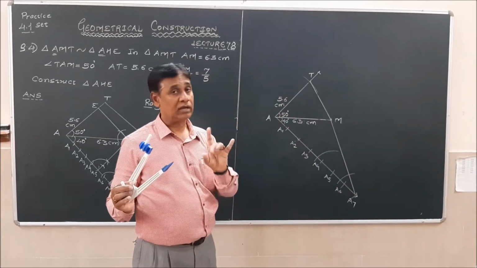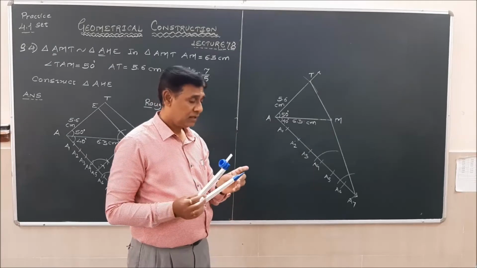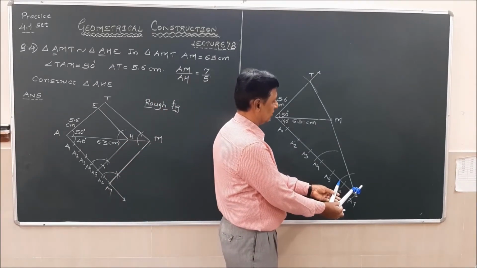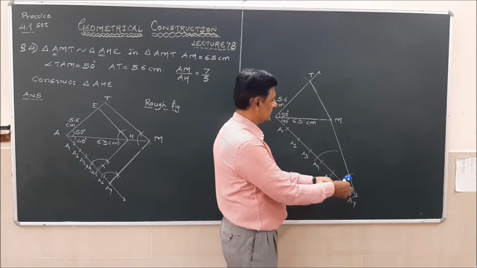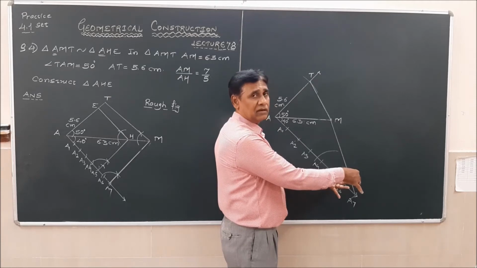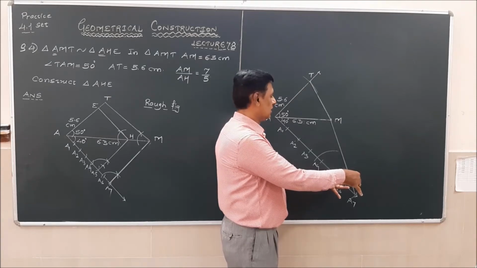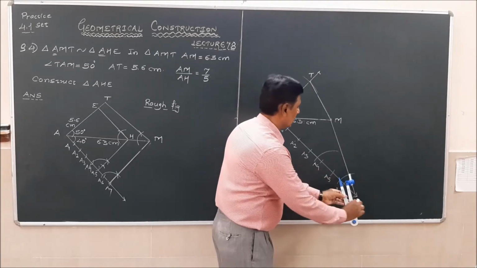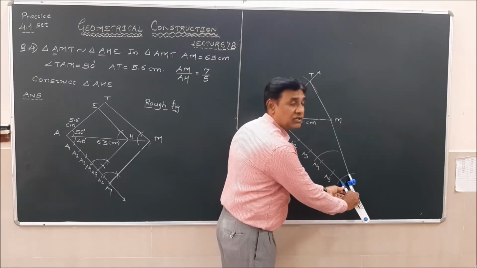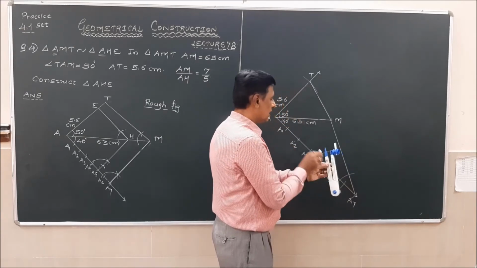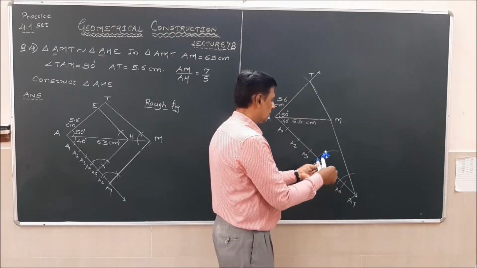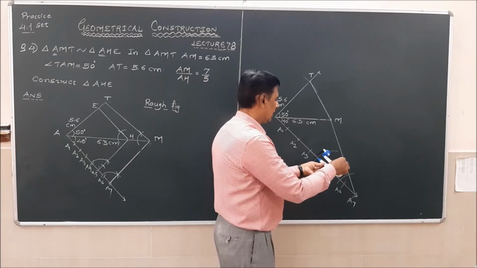Okay, now please see the next step. This metal point I place over here and measure this distance, the distance between these two. Correct? With this metal point here now, draw an intersection.